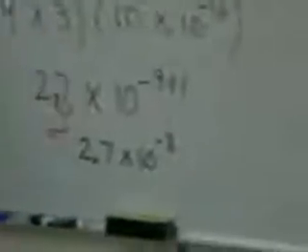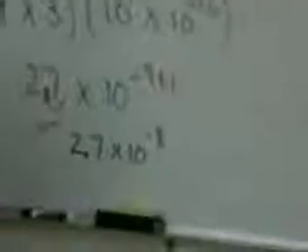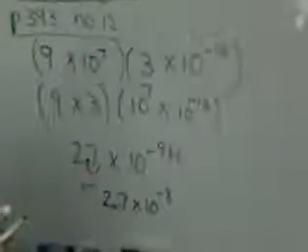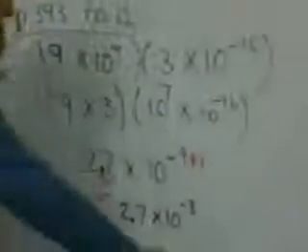So this is how I deal with multiplying in scientific notation. I'm going to do one more example quickly, with multiplying in scientific notation. A good example in our textbook would be number 15.